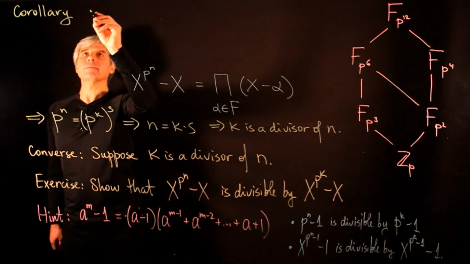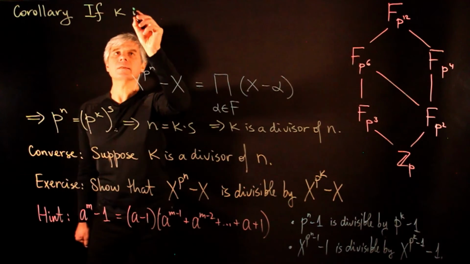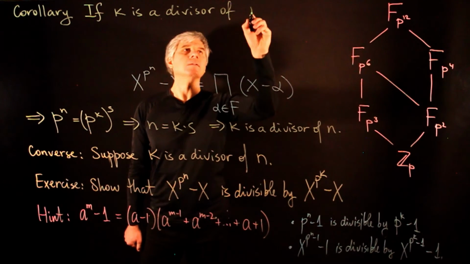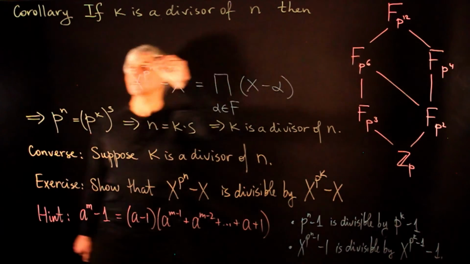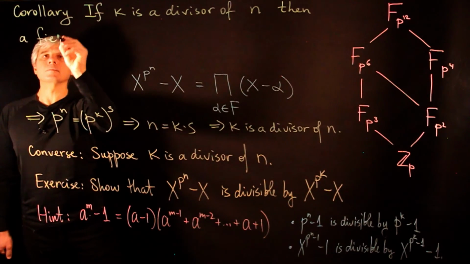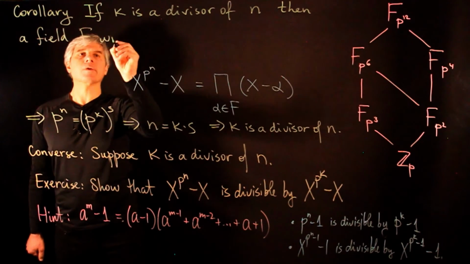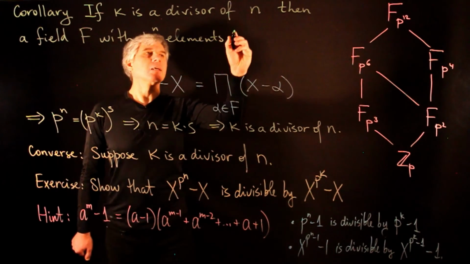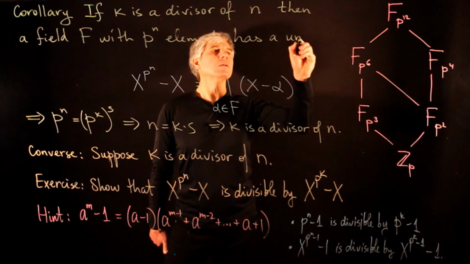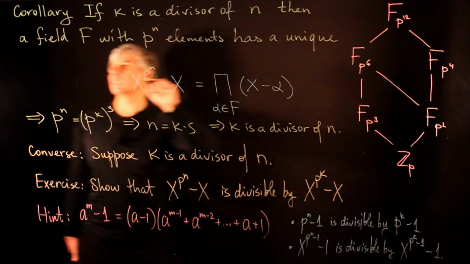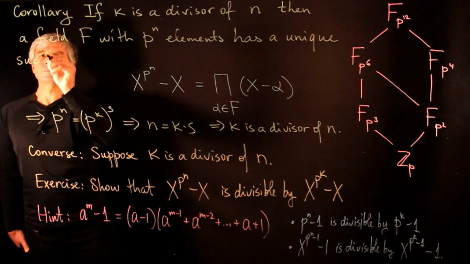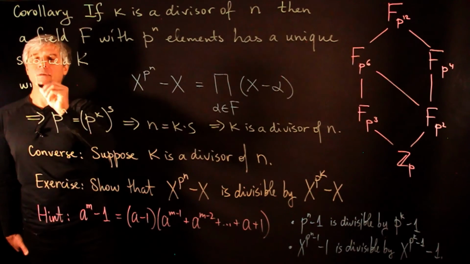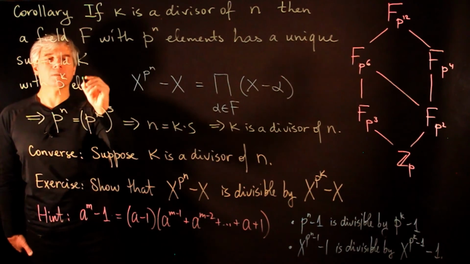we get that if little k is a divisor of n, then a field F with p to the power n elements has a unique subfield K with p to the power k elements.